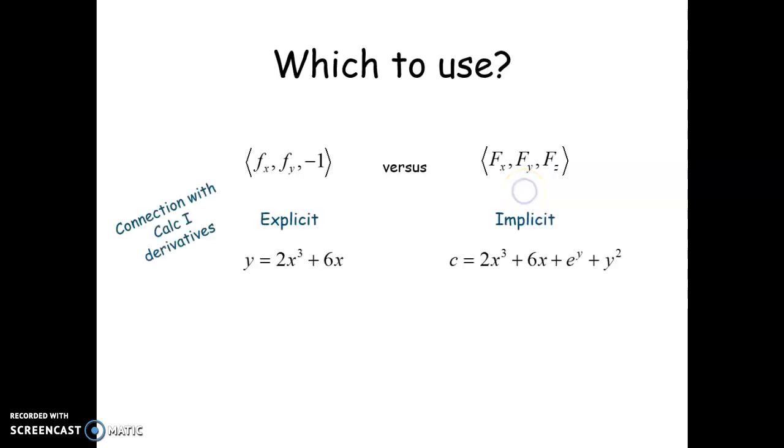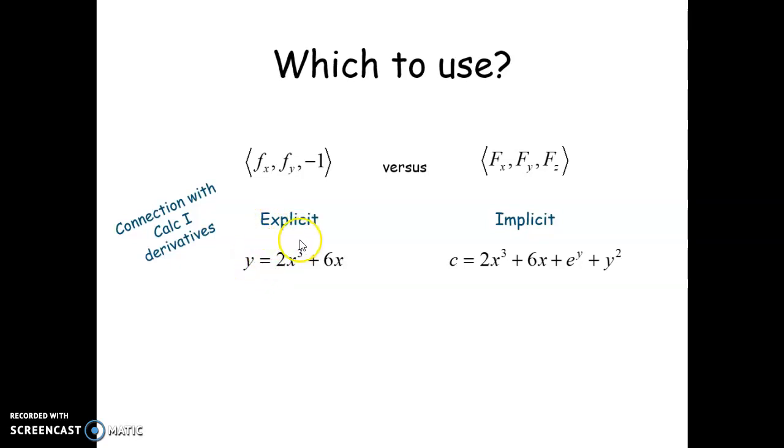Now I want to make a connection back to Calc 1. When we were looking at derivatives, we did them in two ways, as you may recall: explicit and implicit. Explicit basically means you can solve for that one variable. Back in Calc, we were able to solve for y, so we can make the statement y equals.